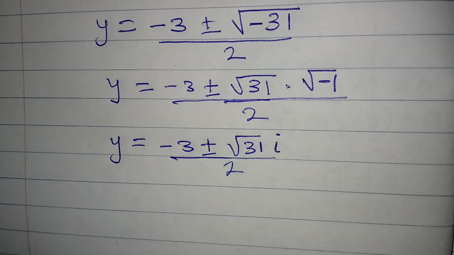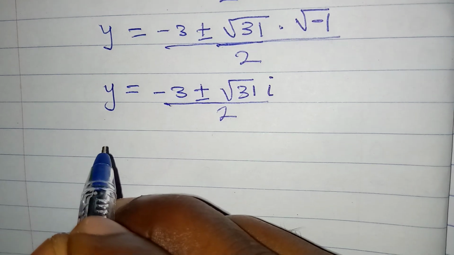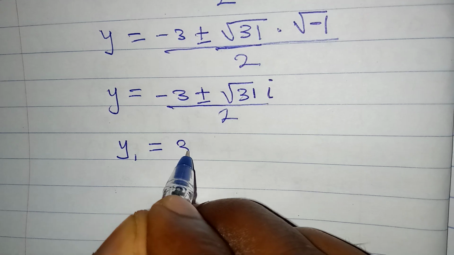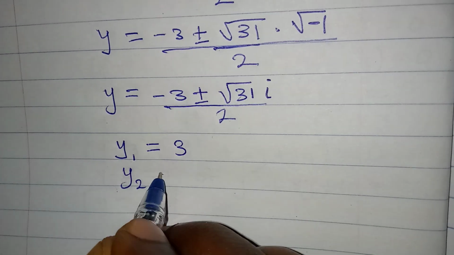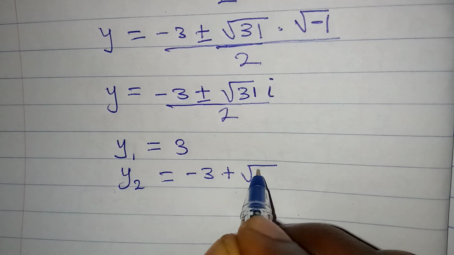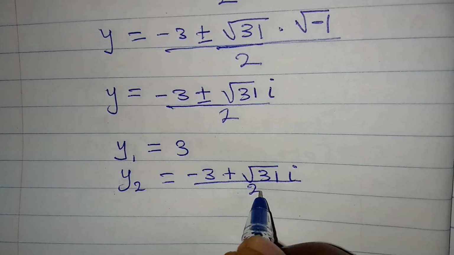Now we have our 2-in-1 solution. So let's get the three solutions together. y1 is equal to 3, y2 is equal to minus 3 plus square root of 31 i, all over 2.